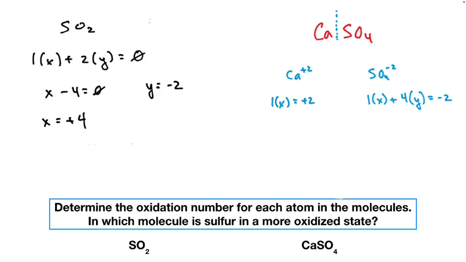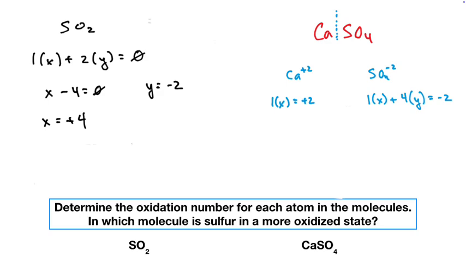Okay? Calcium, being a group 2 metal, is always a plus 2 in an ionic compound, which means I'm looking at calcium plus 2. The SO4, if you didn't memorize the charge for SO4, hopefully you at least got calcium. And if calcium was a plus 2, to balance it out, the SO4 must be a negative 2. Okay? You can then go through and evaluate those as independent pieces.